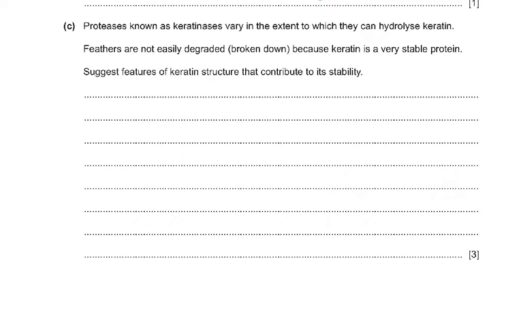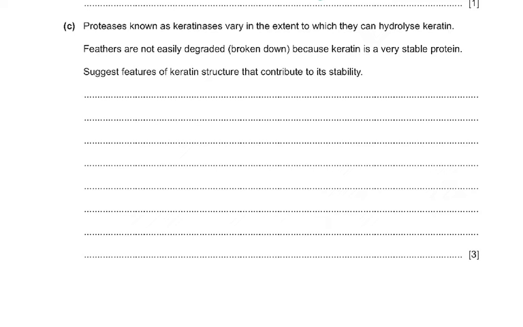Proteases known as keratinases vary in the extent to which they can hydrolyze keratin. Feathers are not easily broken down because keratin is a very stable protein. Suggest features of keratin structure that contribute to its stability. Now, something we've got to understand is that their syllabus point is the fibrous protein.